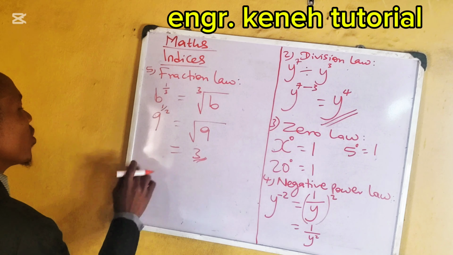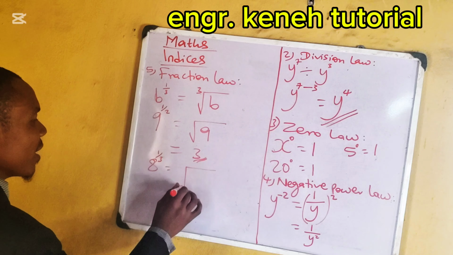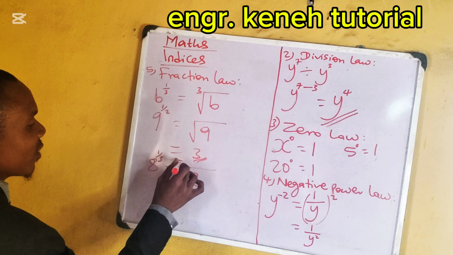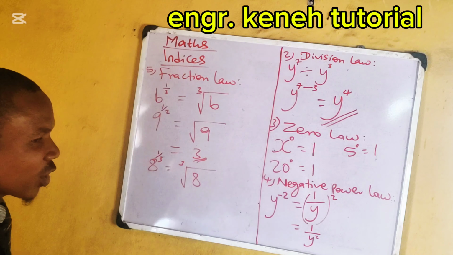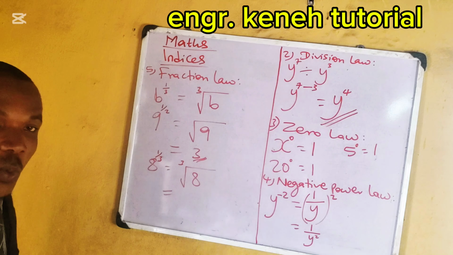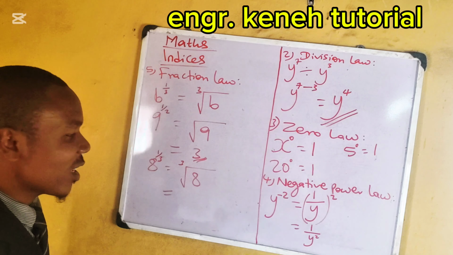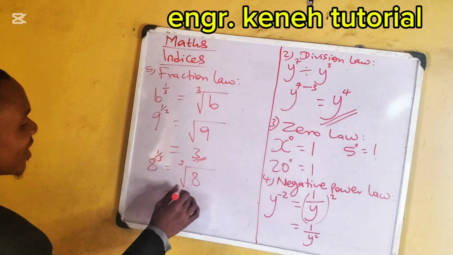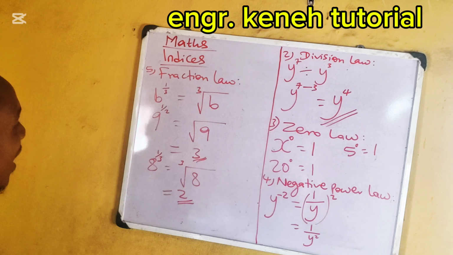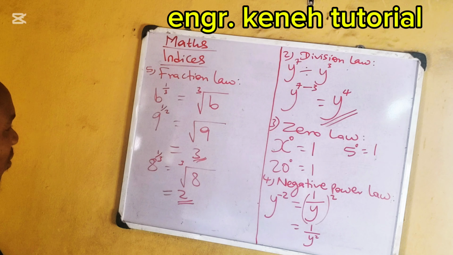Something like this. You notice that you have 8 like this. The power is 1 over 3, so 3 should be here. This thing means cube root. Cube root of 8. Of course, cube root of 8 means what can multiply itself by itself in order to give you 8. And that means it is 2. Can you see that? So that is how it can be solved.